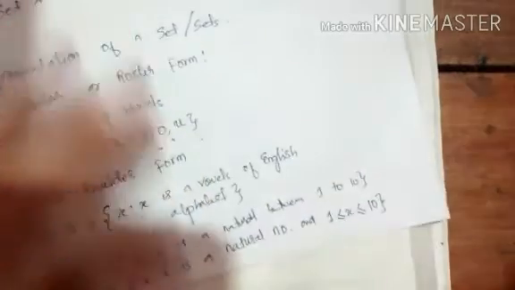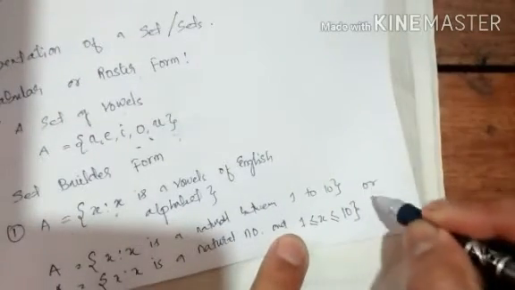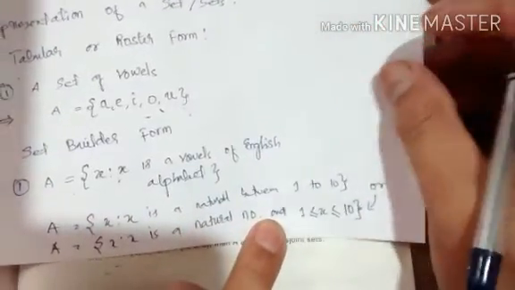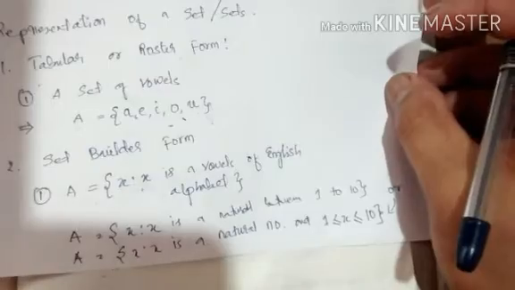So you can also write like this, or you can also write like this. So this is what is called the set builder method, or the set builder form.